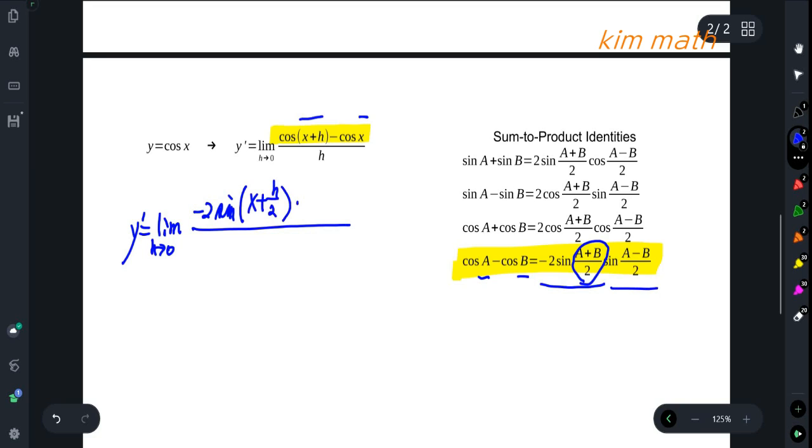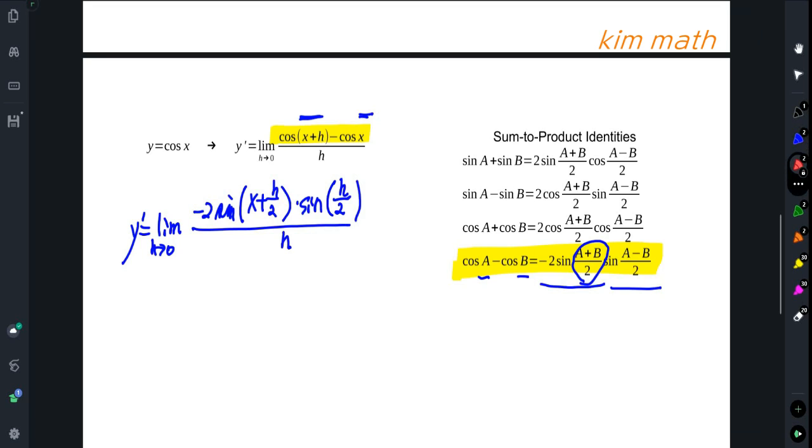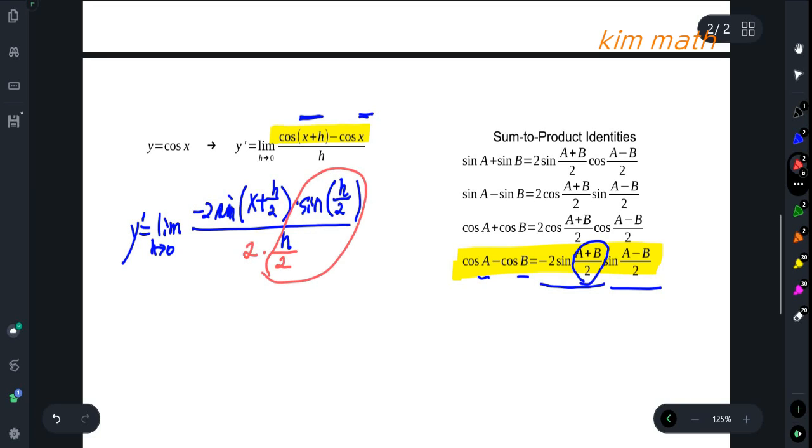And next one, sine of a minus b over 2. So if you subtract this one from x plus h, you have h over 2, all over h. Now, to use the famous limit of sine, you can make it h over 2, then times 2. Then what is this? This approaches 1, right?